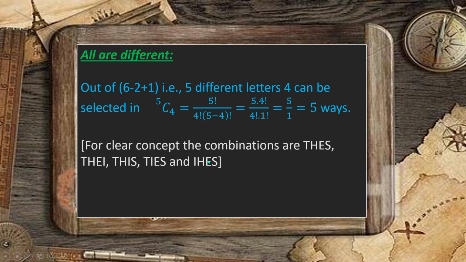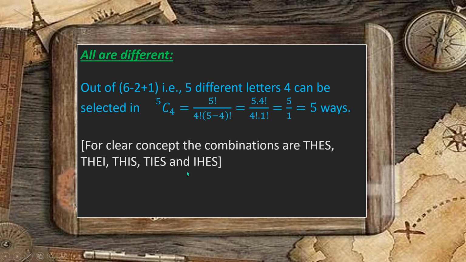For a clear concept, the combinations with all different letters are THES, THEI, THIS, TIES, HIES. That's a total of 5. But when we take 2 S, then the other 2 will be different.